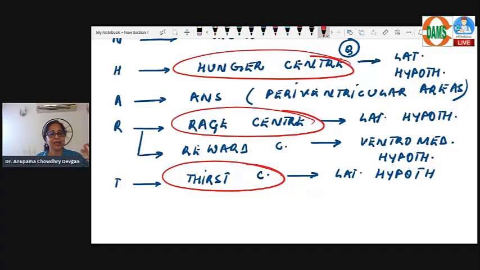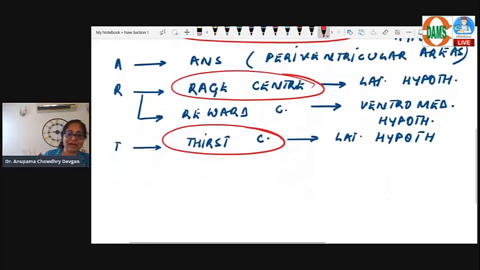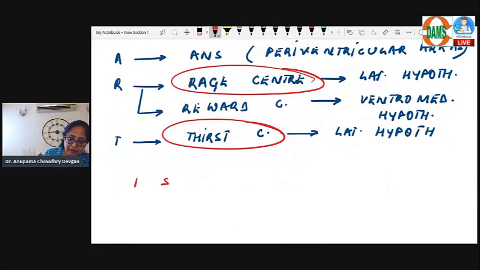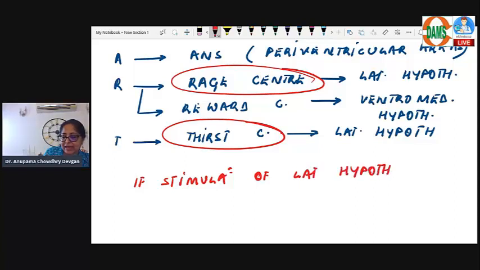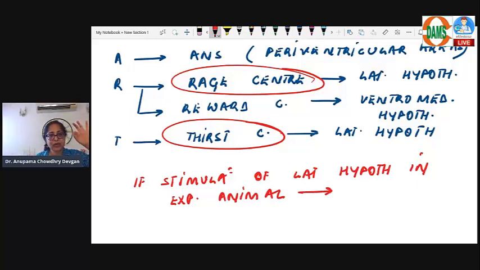That means if I take an electrode and stimulate the lateral hypothalamus of an experimental animal, what is going to be the response?